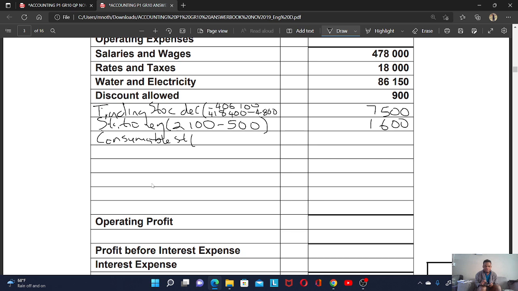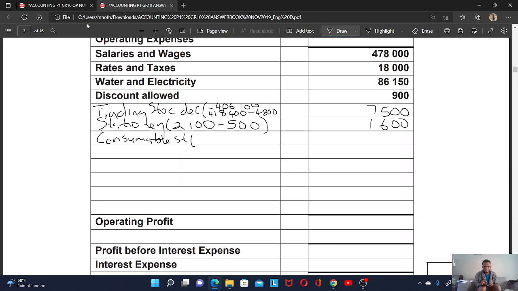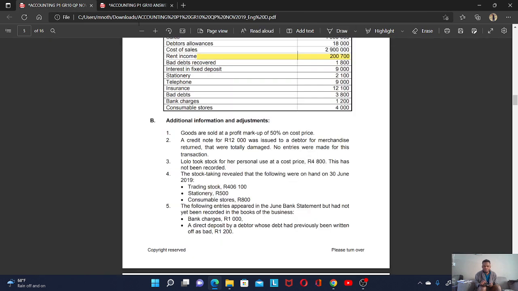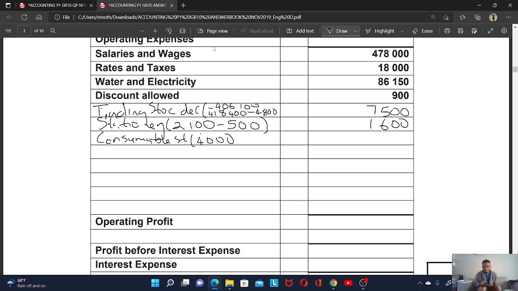And then we have consumable stores on hand, so we have to go and subtract it because it is no longer an expense.